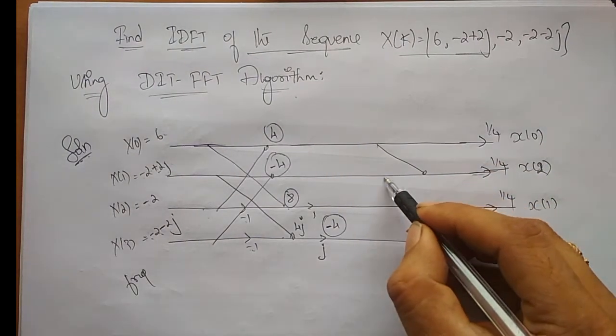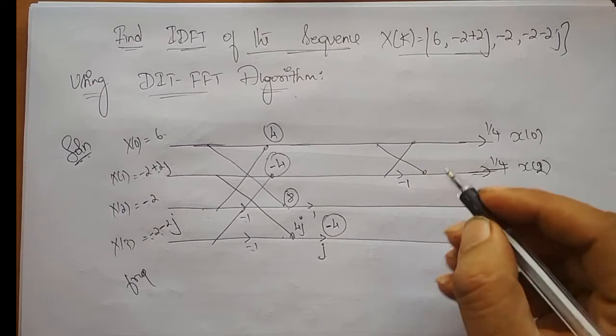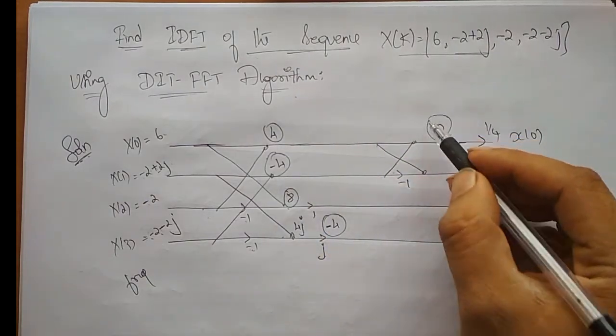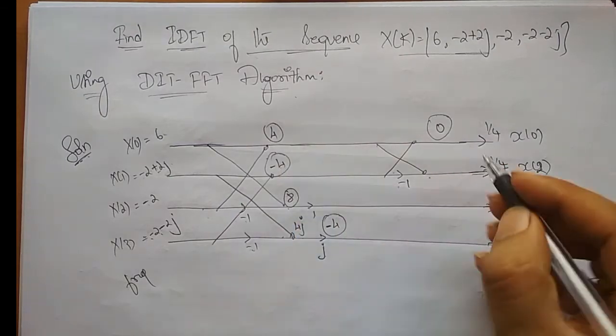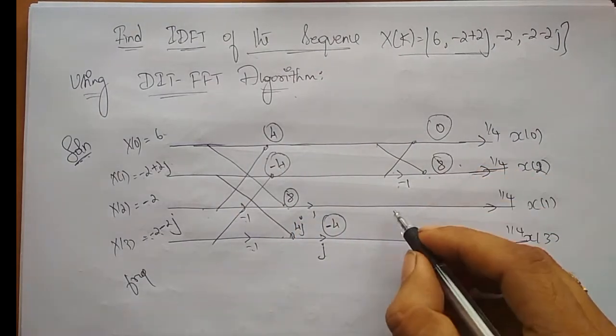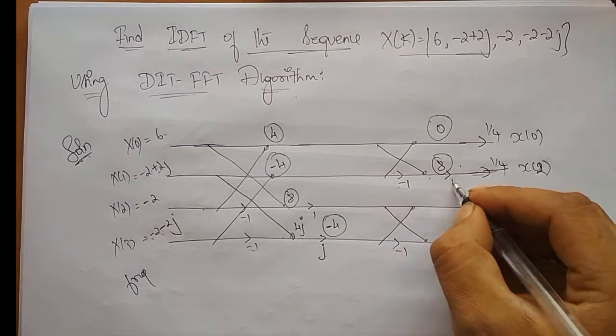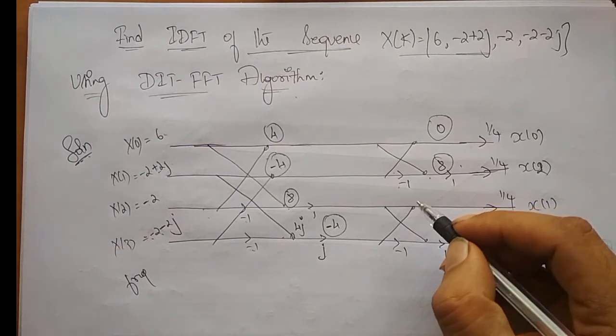Next stage, this is minus 1, so I have 4 coming here, minus 4, which is 0, and I have 4 coming here, minus into minus plus 4, which is 8, minus 1. Since the scaling factor is 1, I end up with the same number.